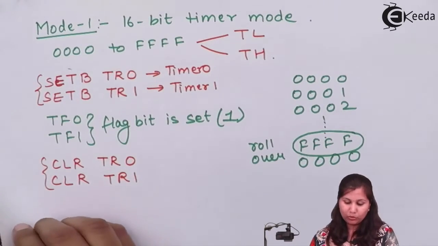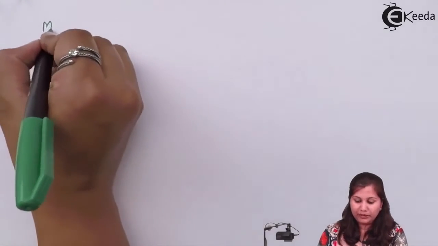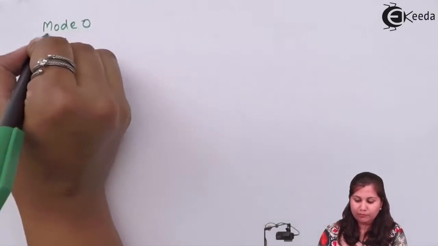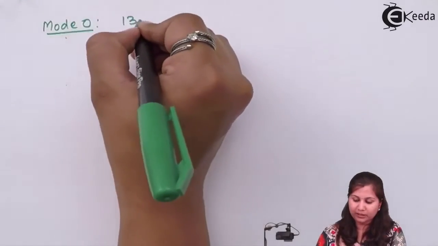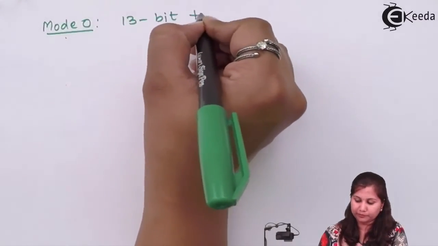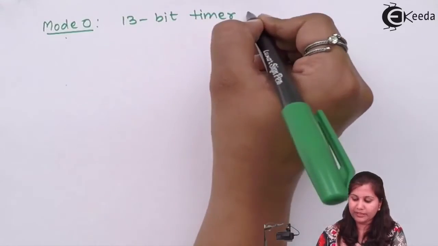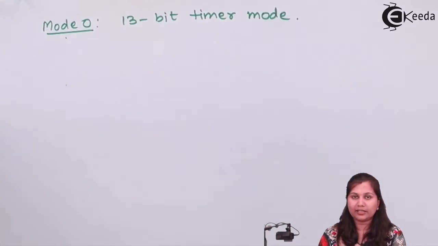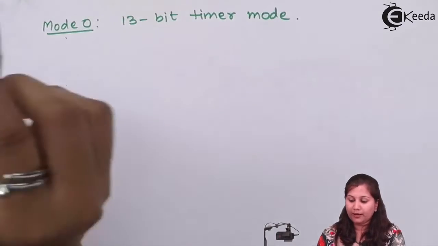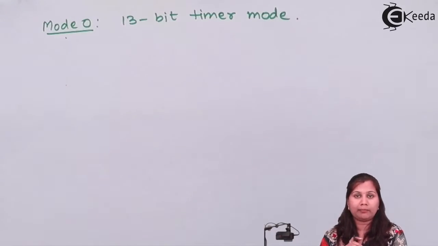Now let's come to mode 0. The difference between mode 1 and mode 0 is that mode 1 was the 16-bit timer mode and mode 0 is the 13-bit timer mode. Otherwise, all the operations are the same. First, the count is loaded and the timers are started. In 16-bit count, the maximum value was FFFF.